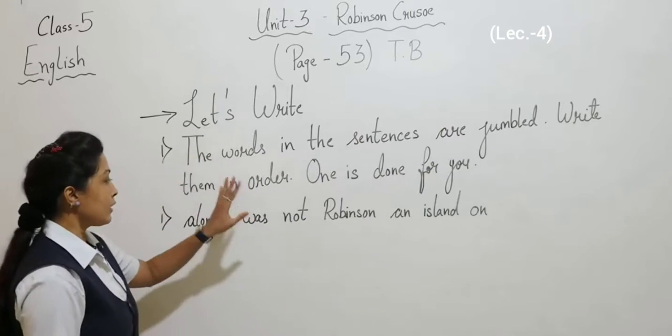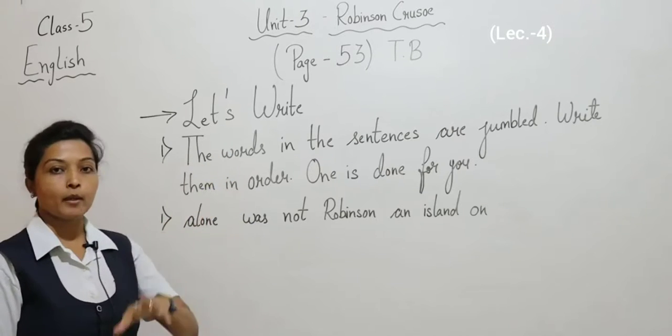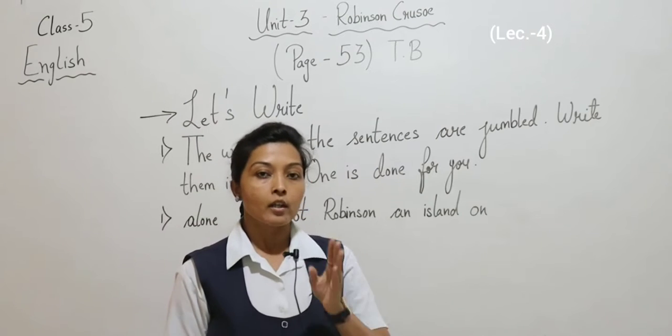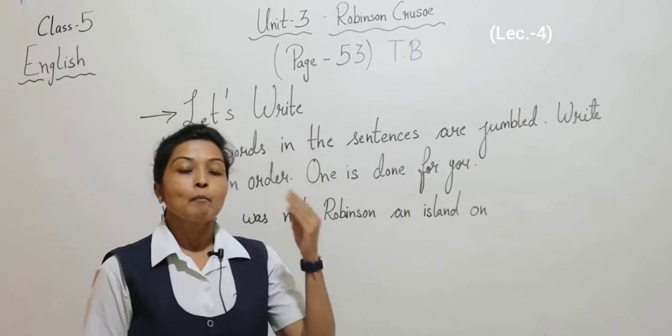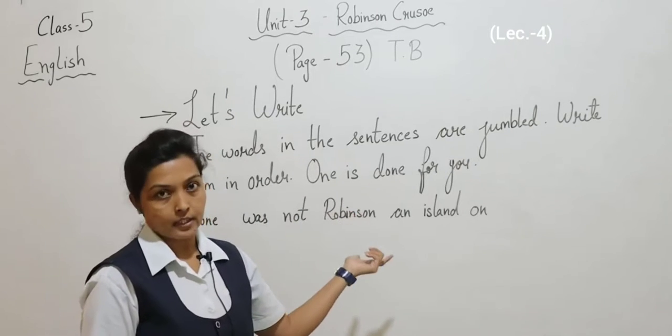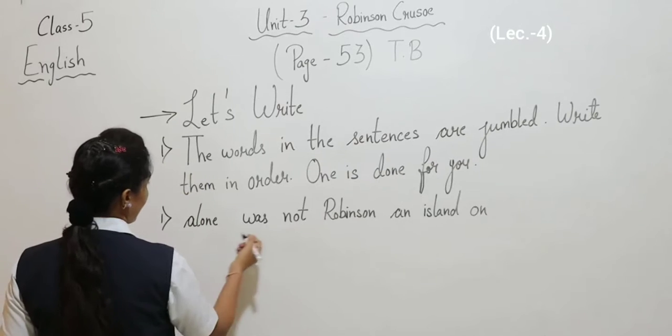But for this type of question, arranging the jumbled words and making a proper sentence, there is no proper rule given. So by trick we have to solve these sentences. Okay, so this example is given.